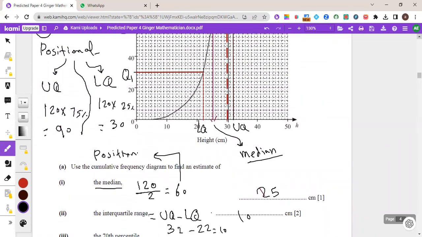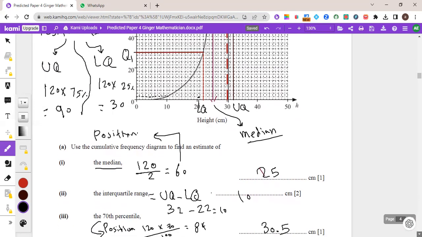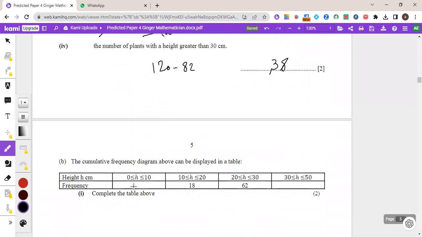From 0 to 10, what do you think? I think it's 2. Yes, 2. So this one from the graph is 2.